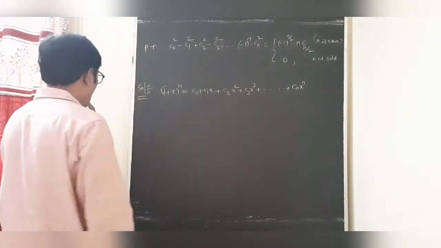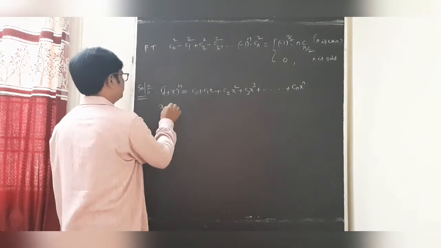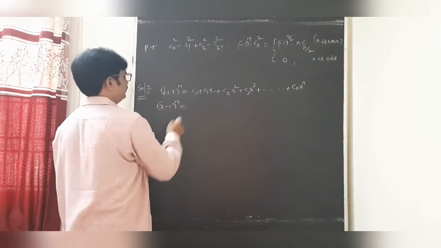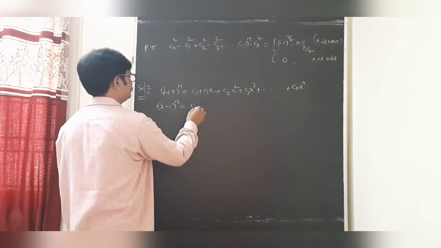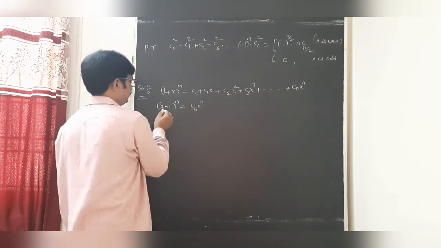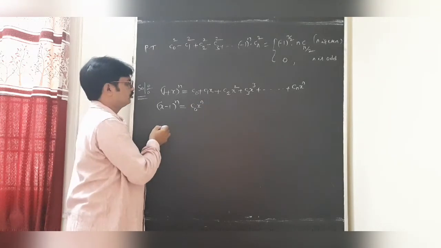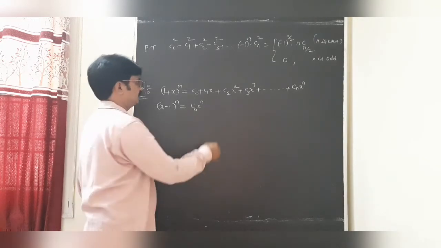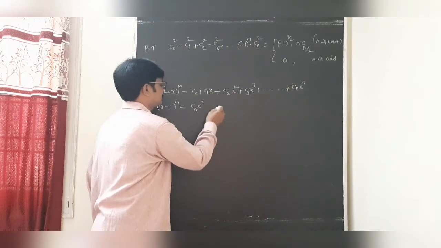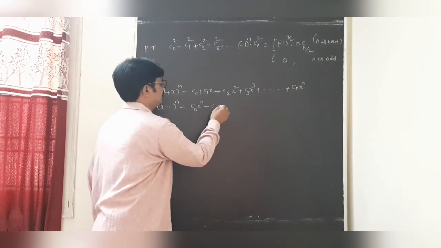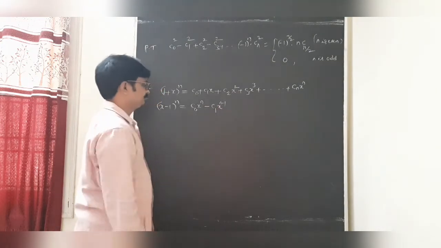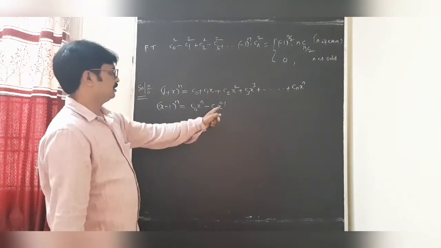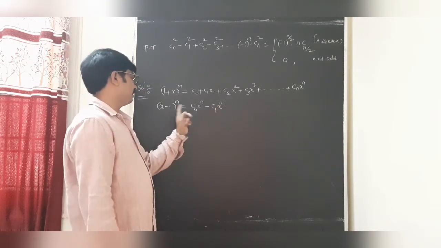This is (1 plus x) whole power n. Now students, (x minus 1) whole power n. What is this? C0 x power n. How to write it: C0 x power (n minus 0). After that minus C1 x power (n minus 1), that is C1 x power (n minus 1) into minus 1.